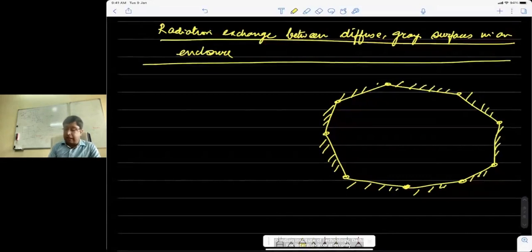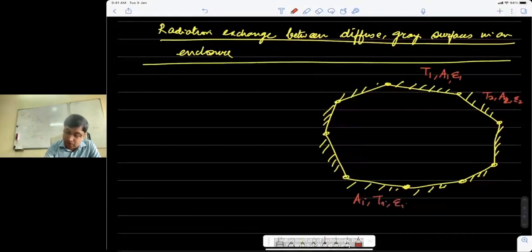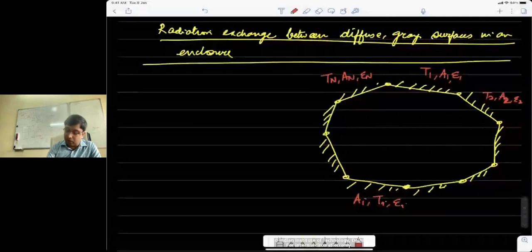So what is the net radiation exchange by each surface? What it means is, if I look at again counting of surfaces, let's say this is surface 1 with temperature T1, area A1, its emissivity as epsilon 1, and so on and so forth, until let's say we are at some surface I, and then all the way to surface N, dot dot dot.